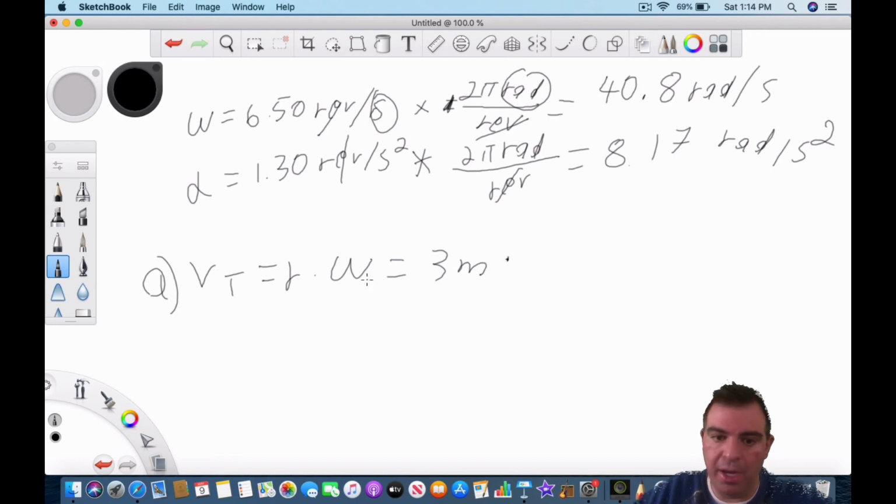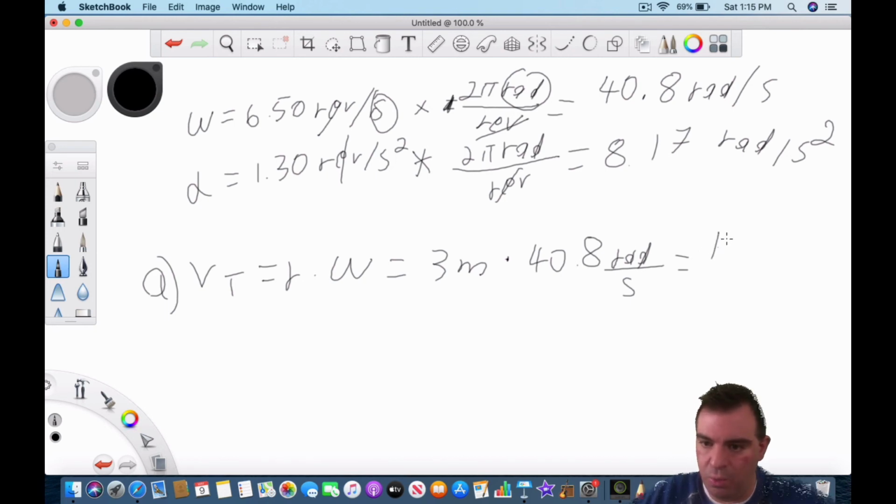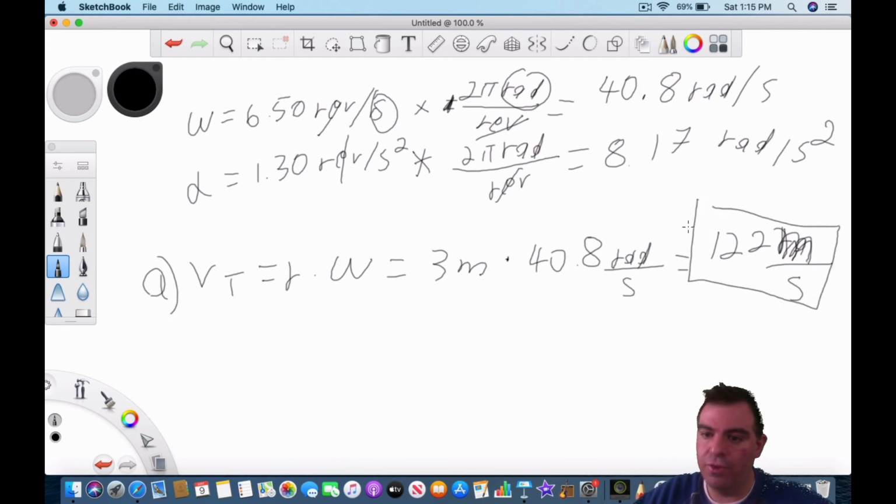We multiply it by omega, 40.8 rad per second. Once we multiply, that is about 122 meters per second, and that is our tangential velocity.